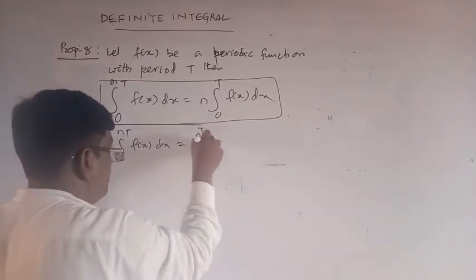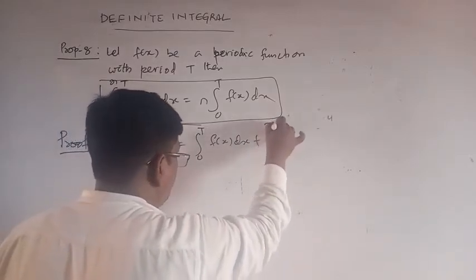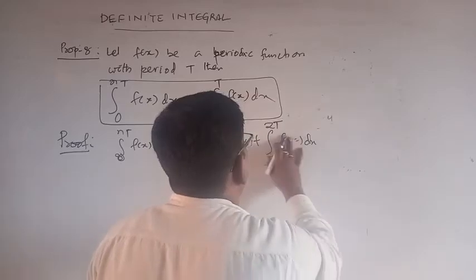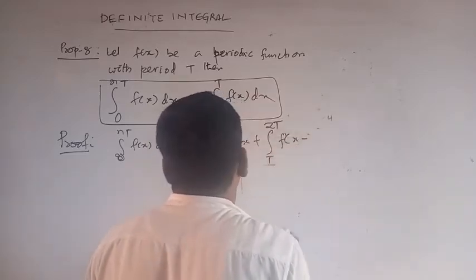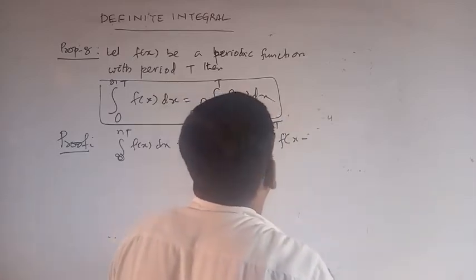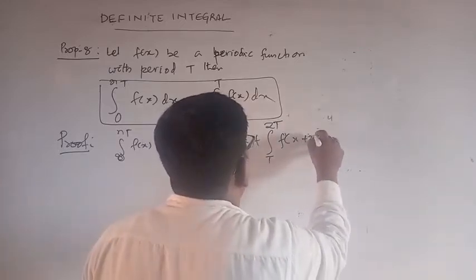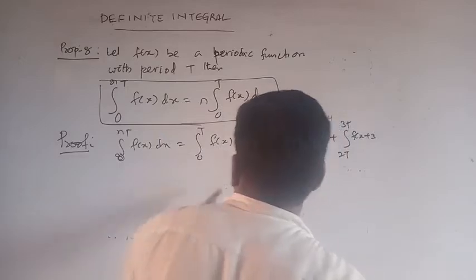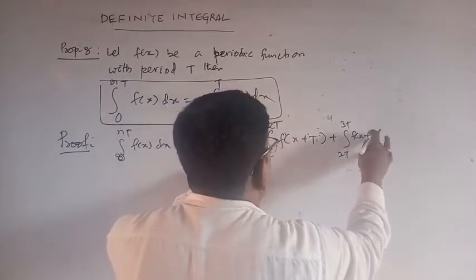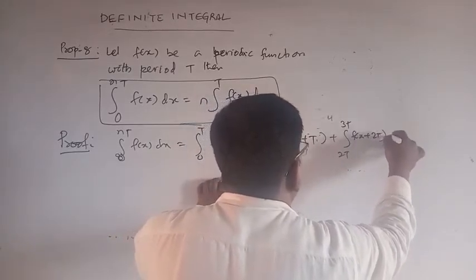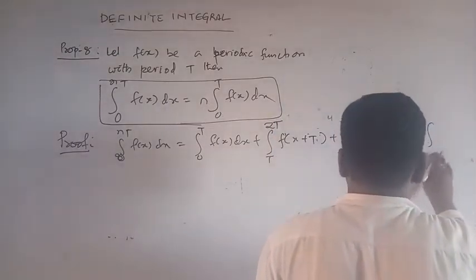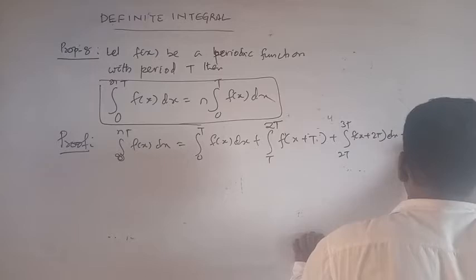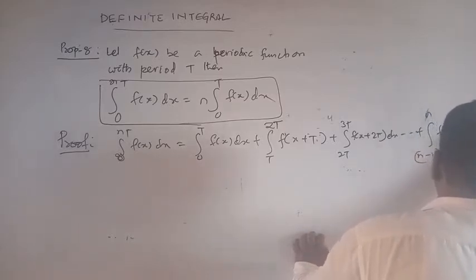We can write the integral from 0 to T of f of x dx plus the integral from T to 2T of f of x dx, and you can write f of x plus T here, then 2T to 3T, like this, up to (n minus 1)T to nT of f of x plus (n minus 1)T dx.